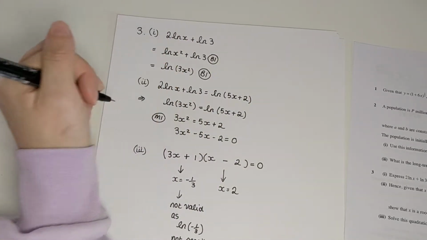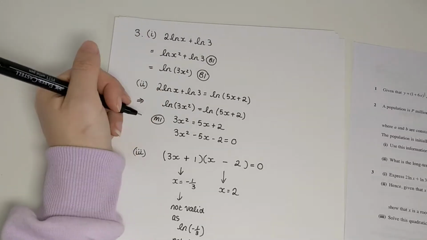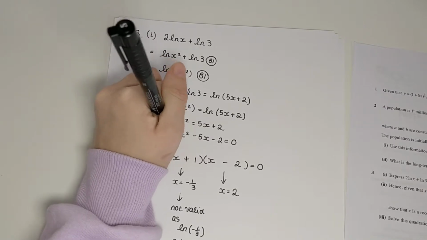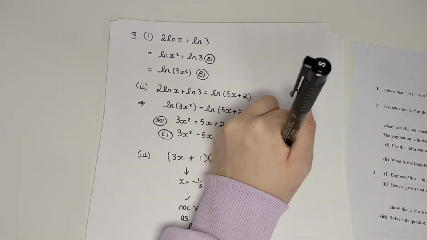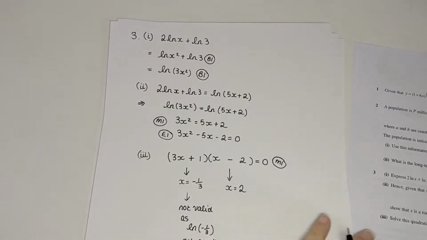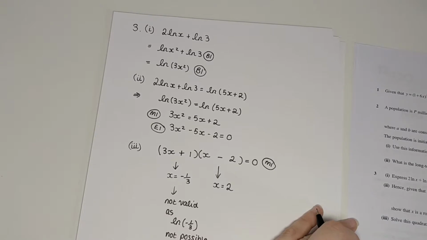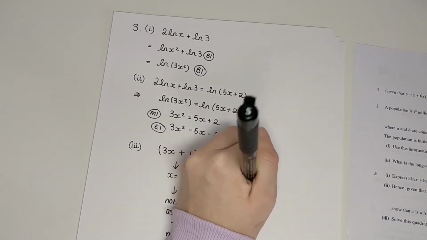That's what the mark scheme says, anti-logging. Factorising, wait, no, I missed out E1. E1 for getting the answer they gave you. M1 for either factorising or using the quadratic equation, or you could even use your calculator to get that answer. And accuracy 1 for those 2 answers.